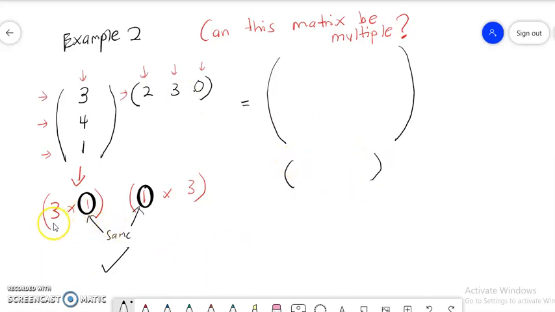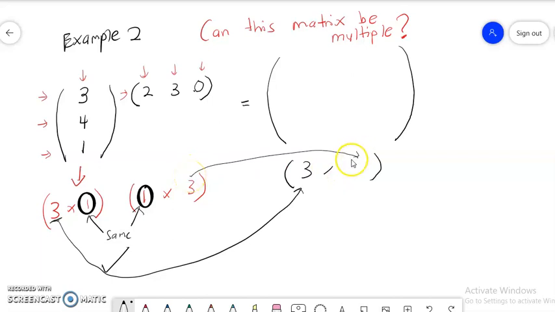So here, this 3, you write here 3 multiply another 3. So it means the answer has 3 rows and 3 columns.